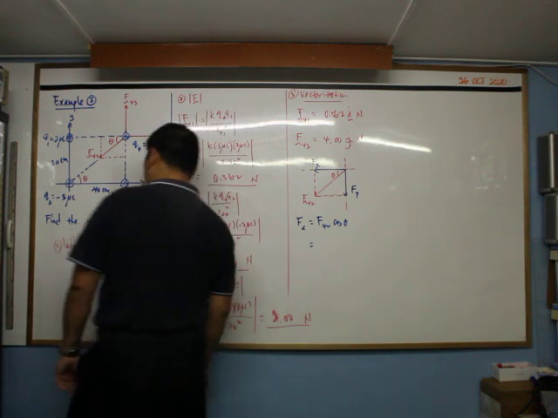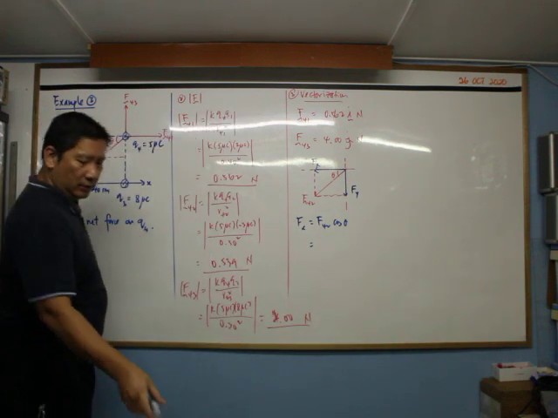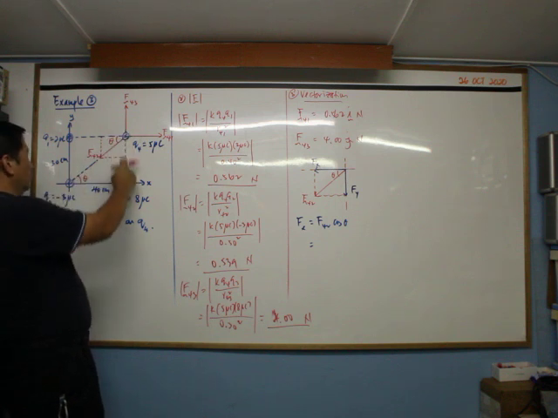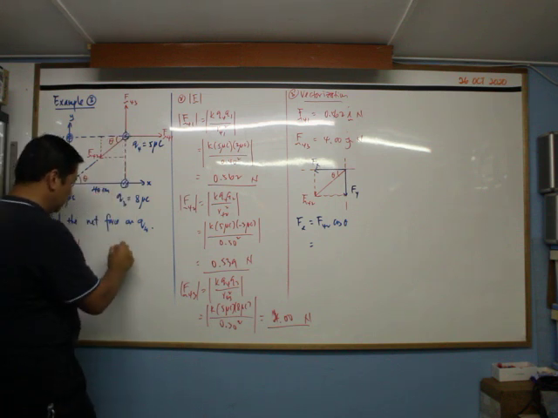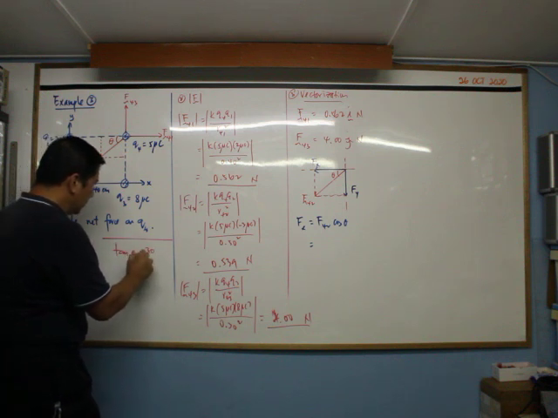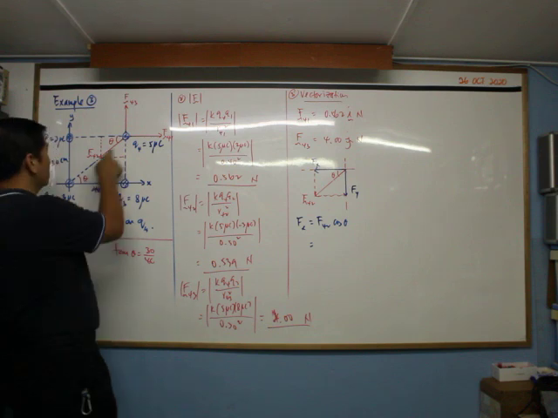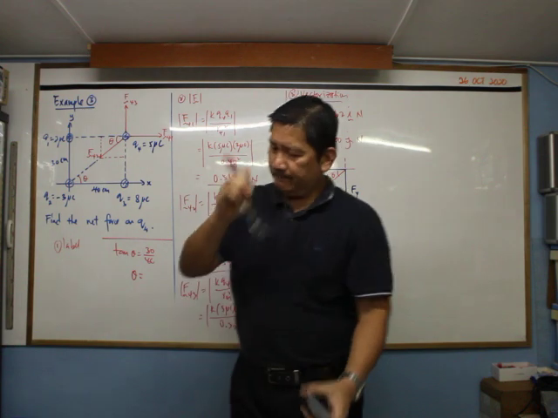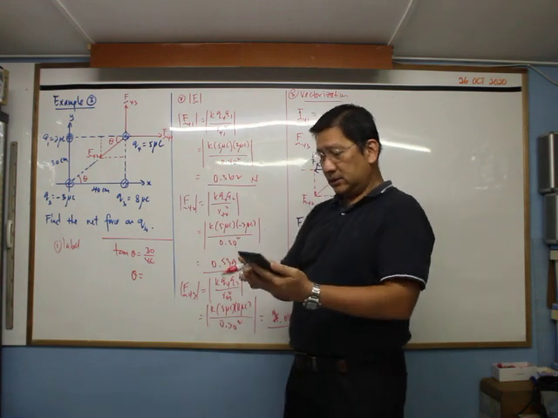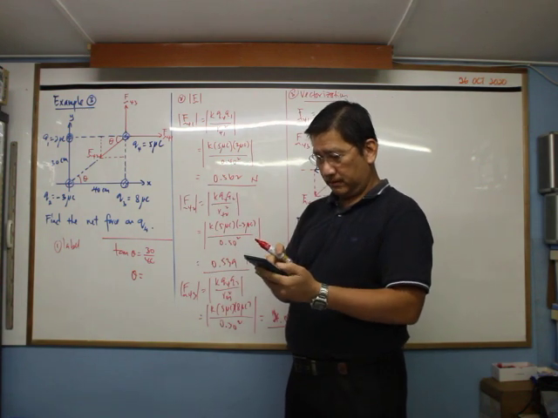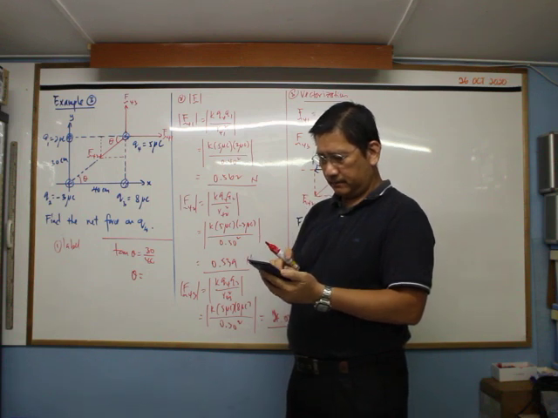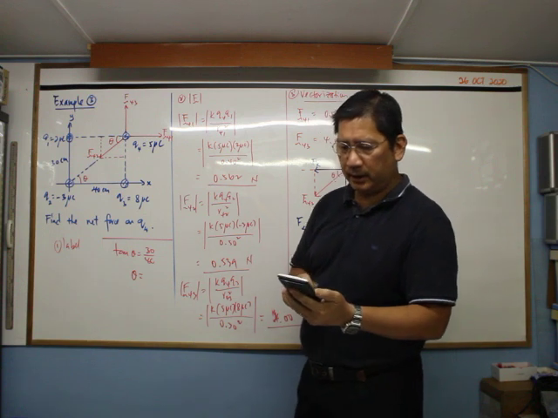So we come back to here, we calculate the theta value for this triangle. Look at this triangle. You have this 30 and 40. So we can calculate using tangent theta is equal to 30 over 40. So theta is tangent inverse of 30 divided by 40, it should be 36 point something, 36.87.